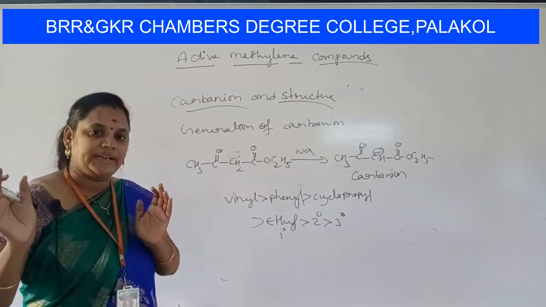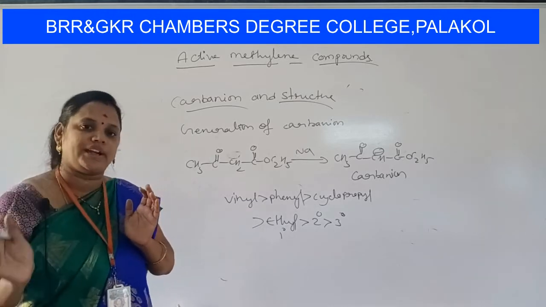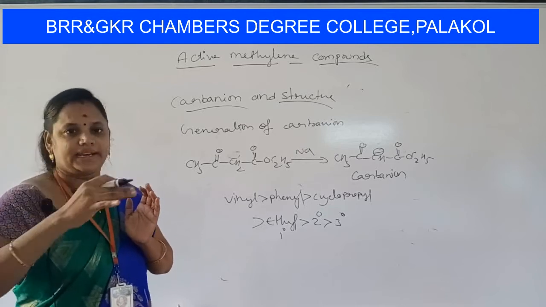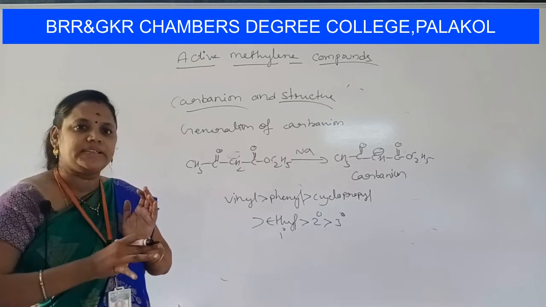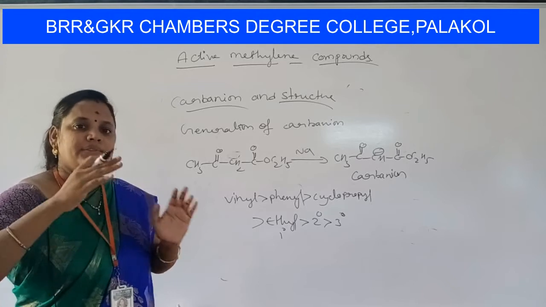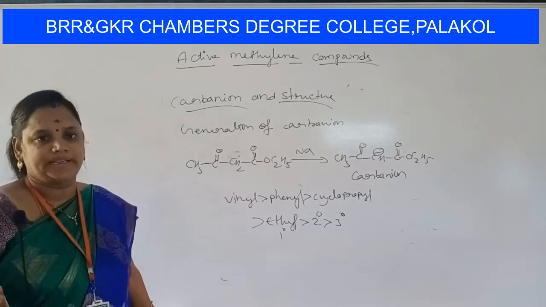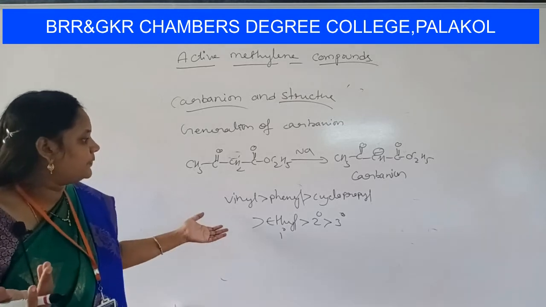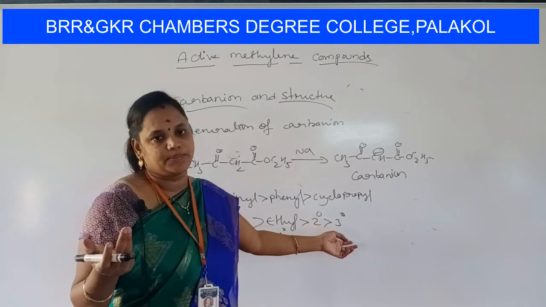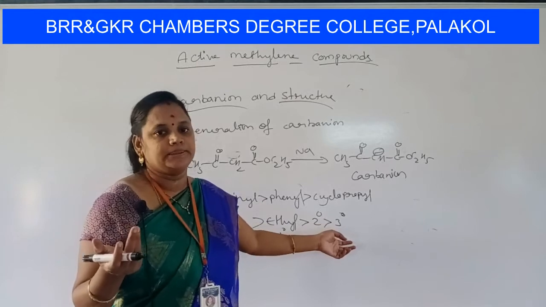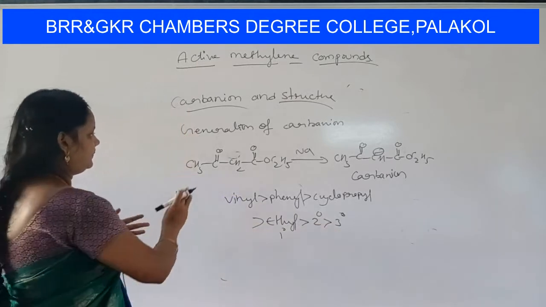If it is connected to more alkyl groups, what happens? They will release electrons, so the electron density will again increase and it may not be active. That's why tertiary occupies the last position. Okay students, next.